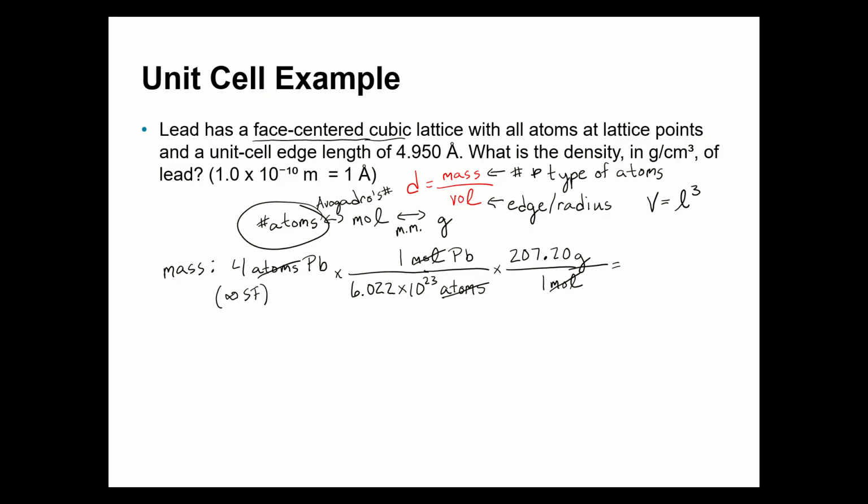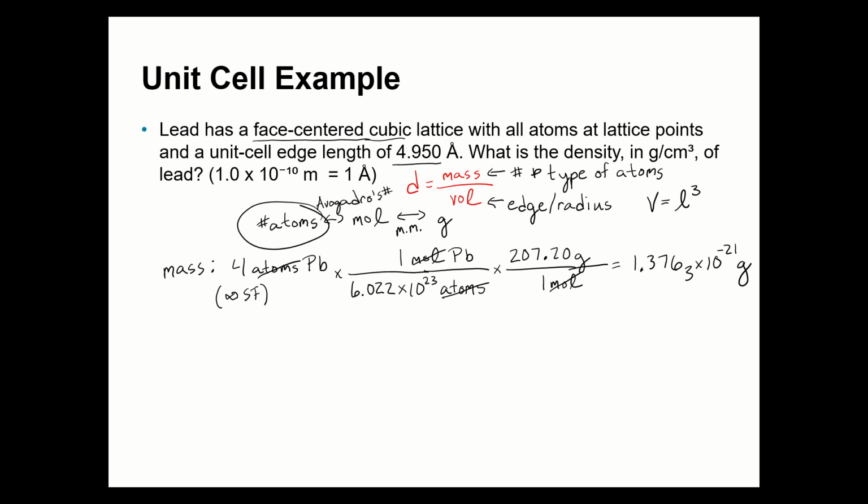So we will keep 5 digits for now, but we're going to be limited by 4 digits based on that edge length at the end of the day. Okay, so if we keep 5 digits, that will be plenty. So we get 1.3763 times 10 to the negative 21st grams. Okay, so that gets our mass.